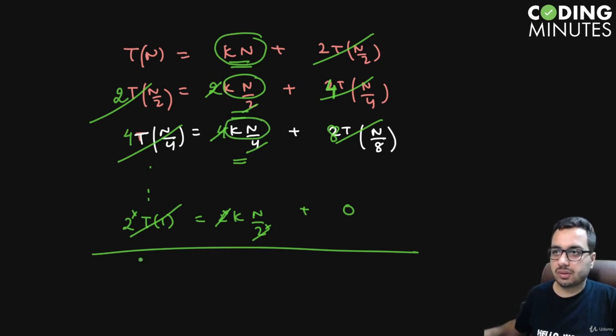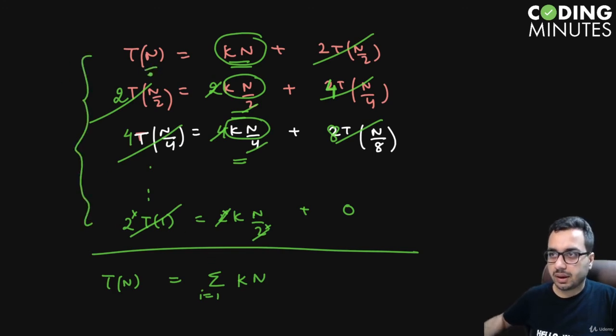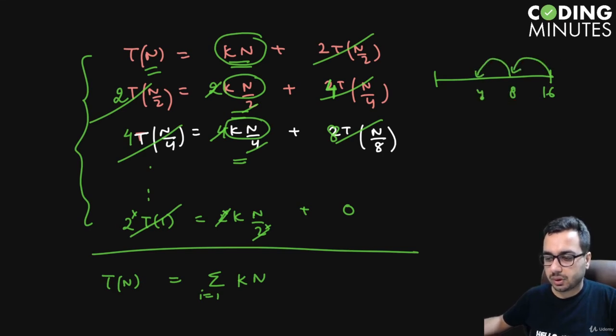So from the left we are left with T(n), and from the right we are left with the summation of kn, where i goes from 1 to however many equations we are going to have. You go from n to 1, every time dividing by a factor of 2. For example, if n is 16, it becomes 8, then 4, then 2, then 1.